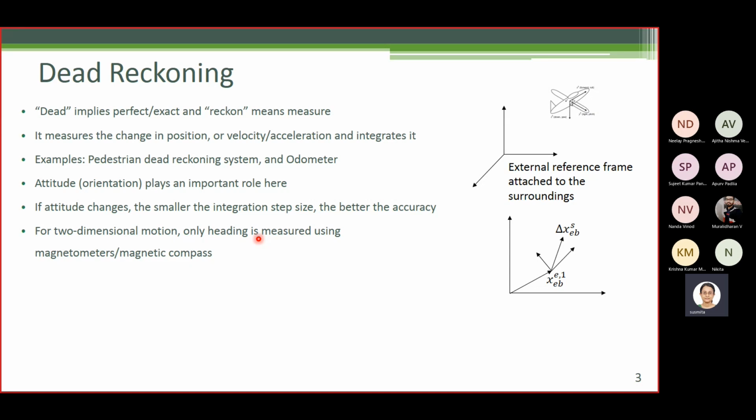There is a magnetic chart which helps us find the angle between magnetic north and local north at each latitude and longitude. So by applying that correction, we can find the heading with respect to local north. In the case of magnetometers, the Earth's magnetic flux density is measured, and then using some methods with this measured flux density, we can find the heading.